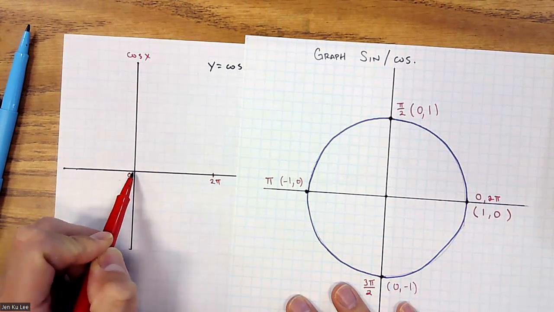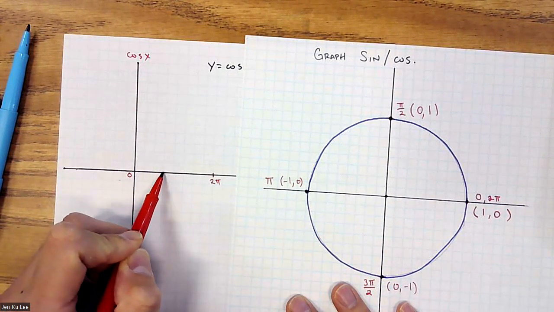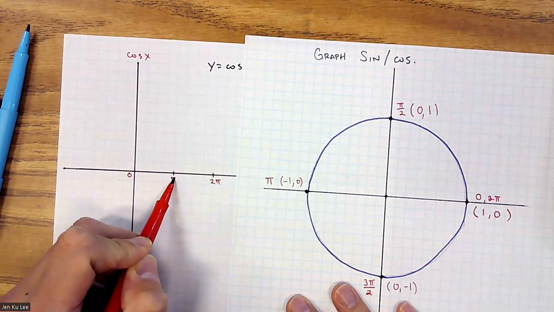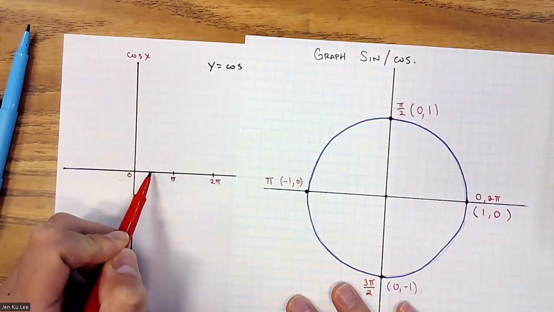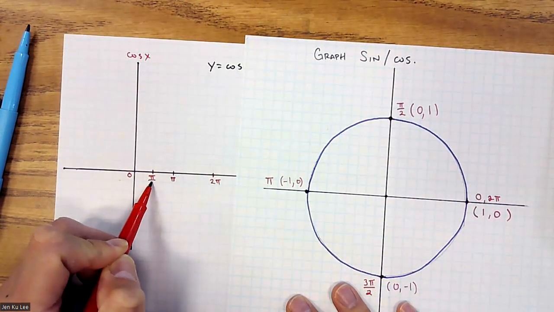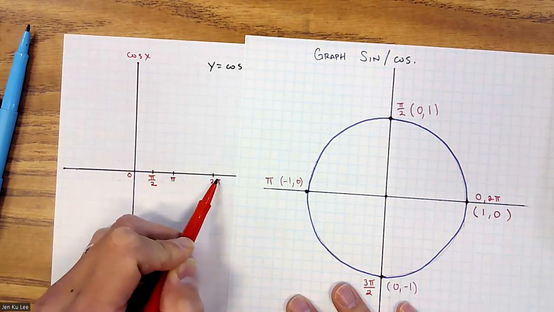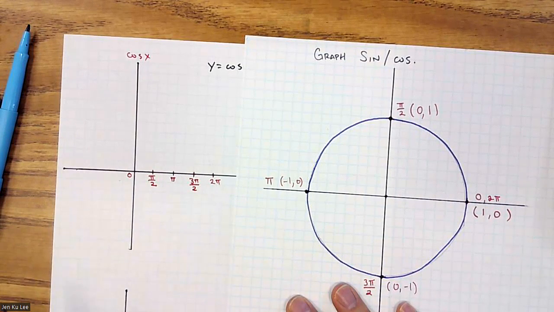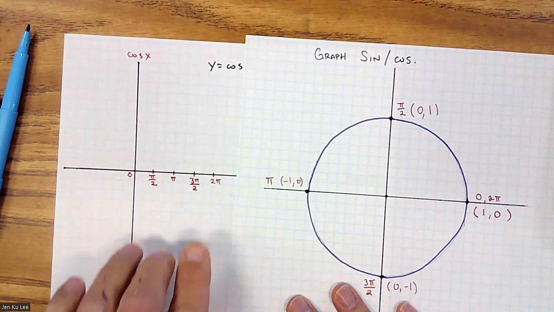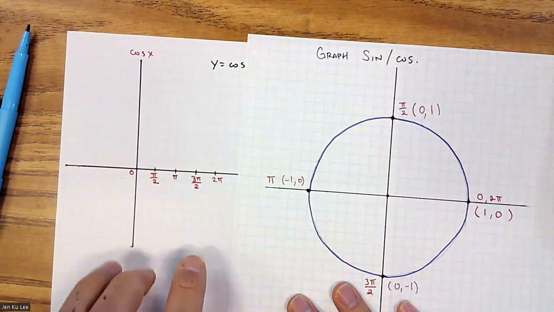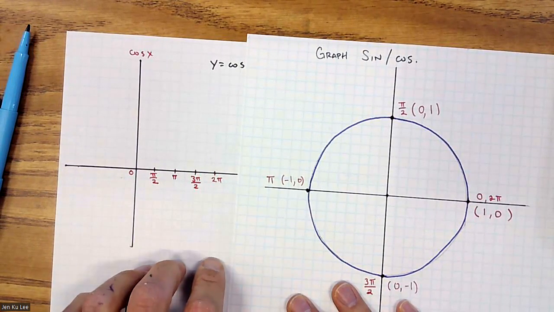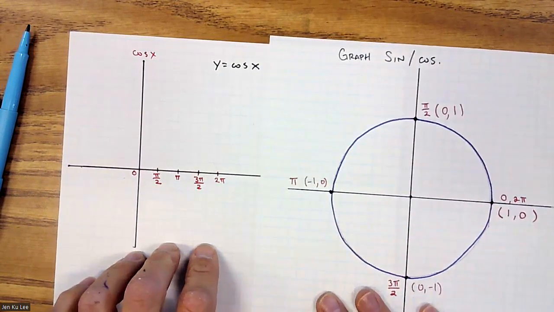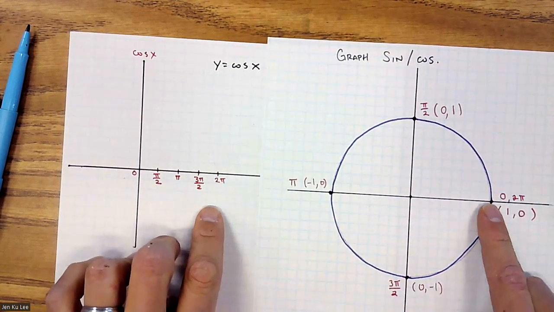Halfway between 0 and 2 pi, 1, 2, 3, 4 is pi. Halfway between 0 and pi is pi over 2. And halfway between pi and 2 pi is 3 pi over 2. Okay? Now, these points are important when you're talking about the period. We'll talk about that later, but just know that.